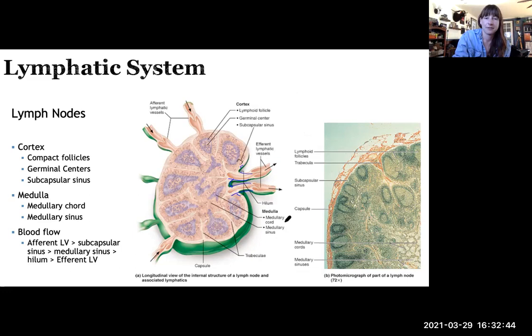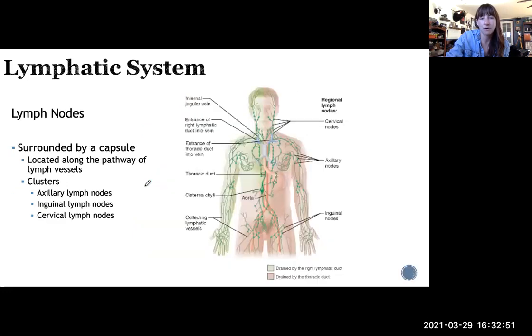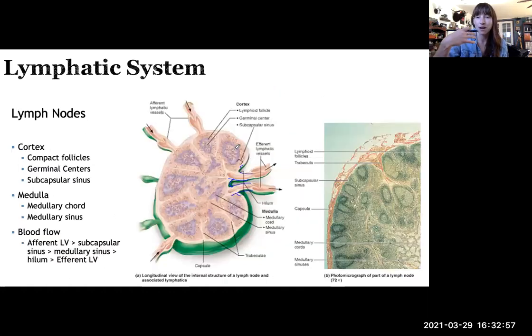Okay. All right, so lymph nodes have a connective tissue capsule. Many different vessels might go into a particular lymph node. It contains immune cells so that anything bad coming up with the lymph that your lymphatic system is collecting will be taken care of in the lymph nodes.